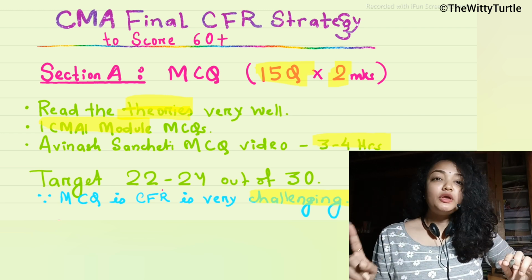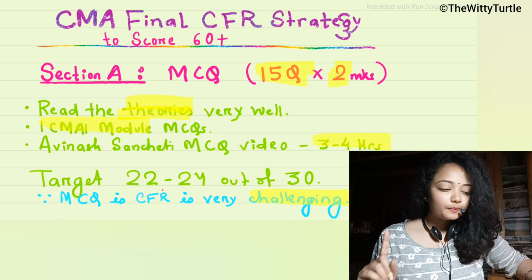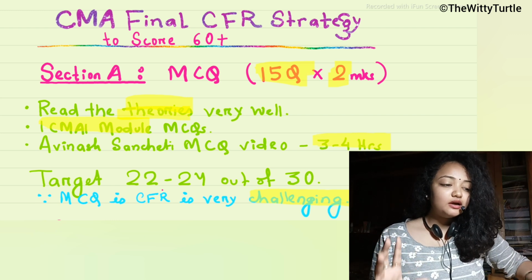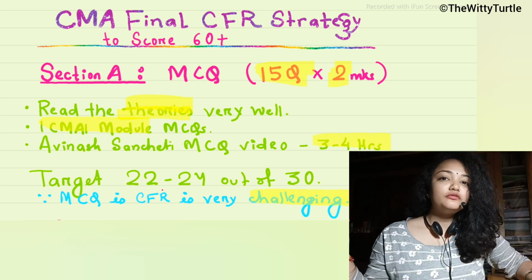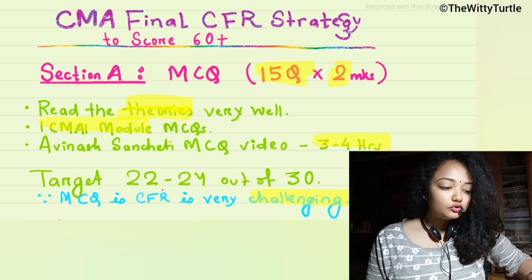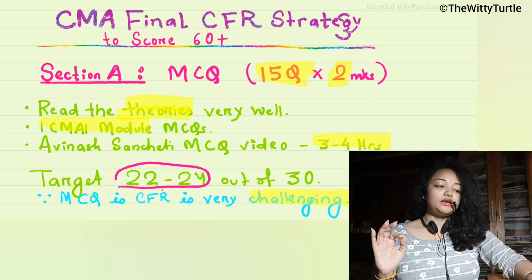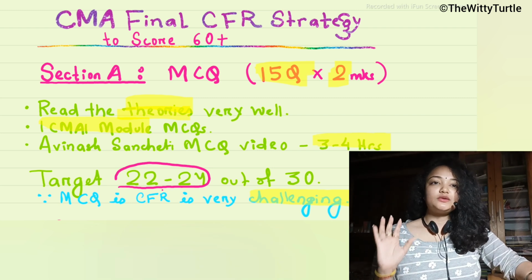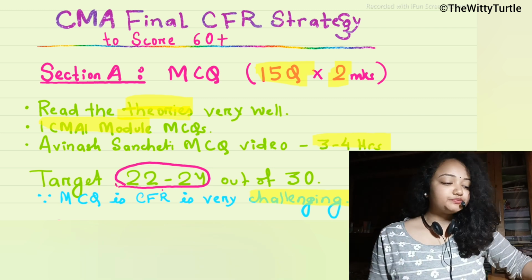So what should be your target score out of 30? If you ask me, then मैं यही कहूँगी, don't aim for like 30 out of 30 लाना है. No, that shouldn't be our goal. Our goal should be to get 22 to 24 out of 30, right? Because CFR में वैसे questions आते हैं, right?